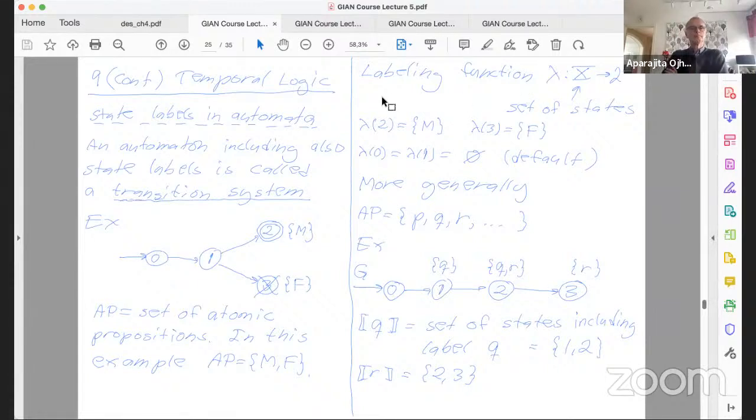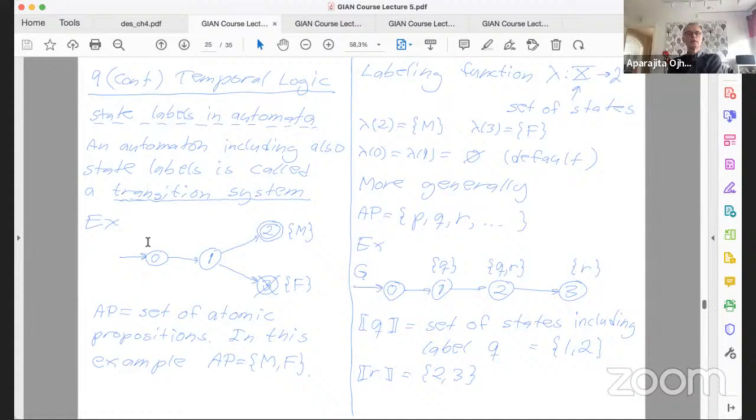Then in temporal logic, this is a little bit of a repetition, but I assume that I have an automaton with state labels, and that is also called a transition system. And if you have a system without any event labels, it's even called a Kripke structure.